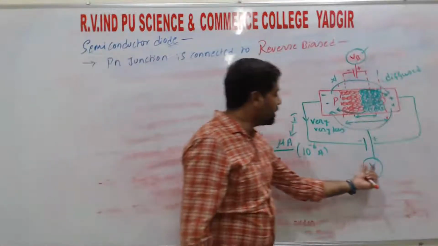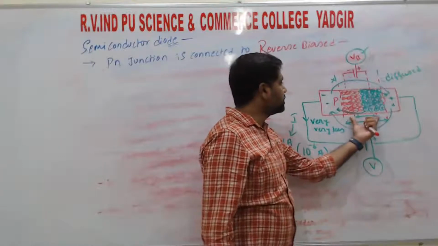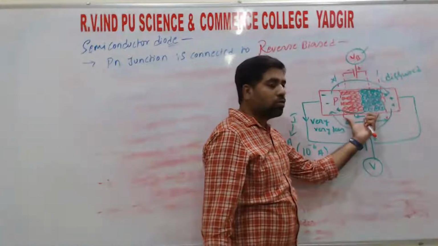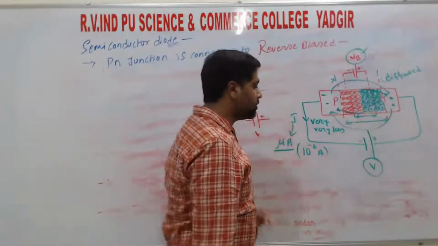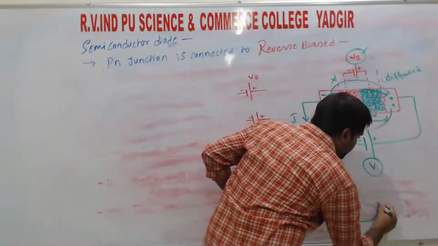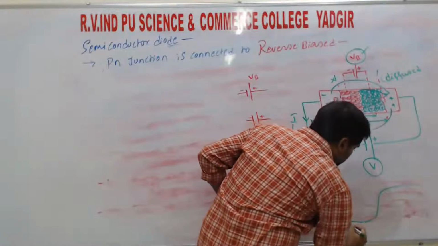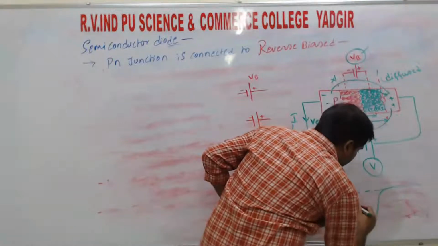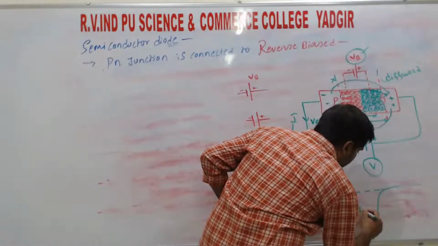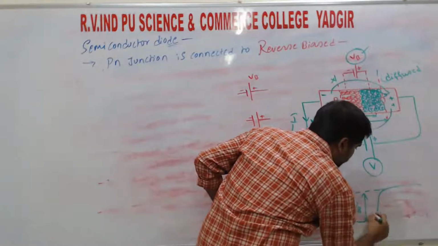As we increase the applied potential, the depletion layer also goes on increasing in the same way. So here, this one is the barrier potential, right? That is VB.